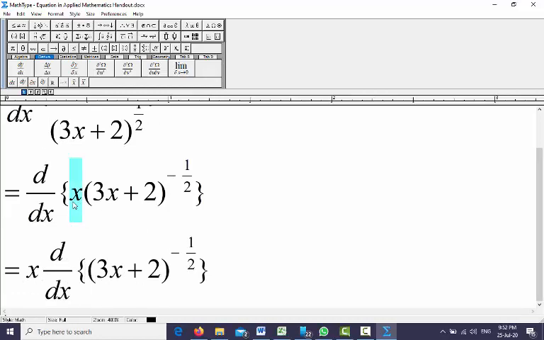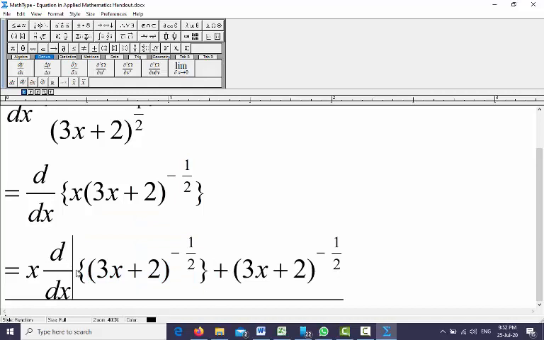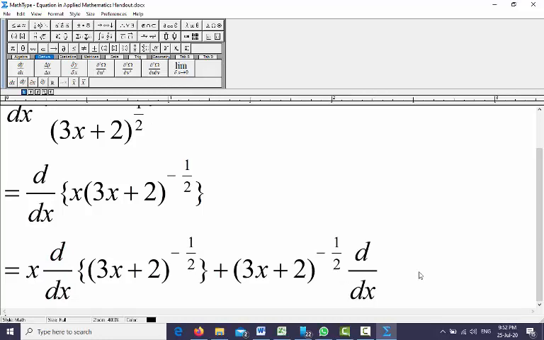Initially we will keep this one behind d by dx and the remaining part in front of d by dx, and then according to multiplication rule of differentiation there should be a plus, and then this one which was in front of d by dx will now move behind d by dx.